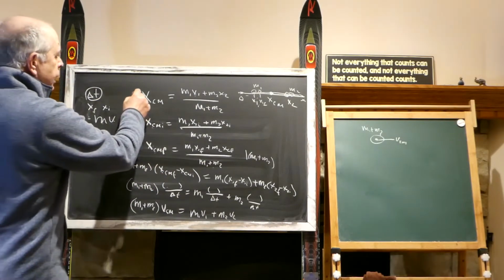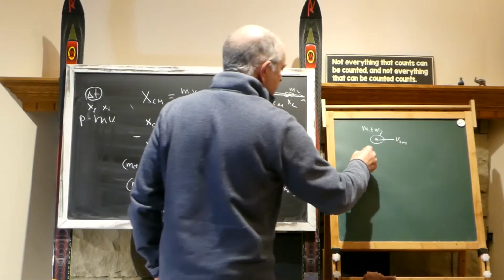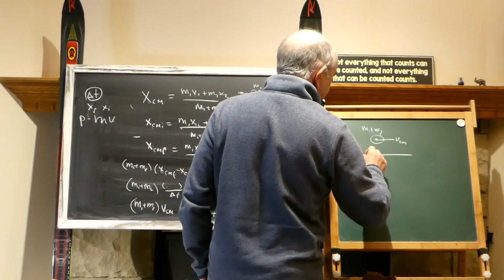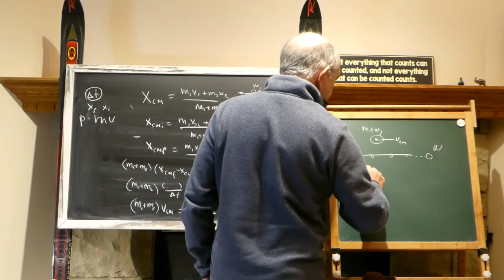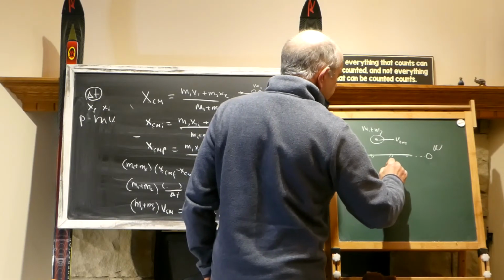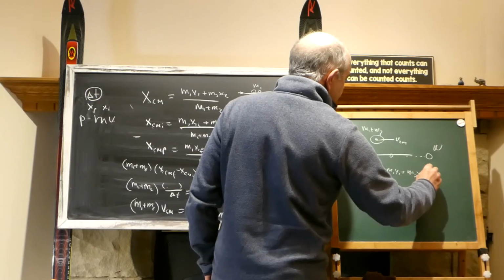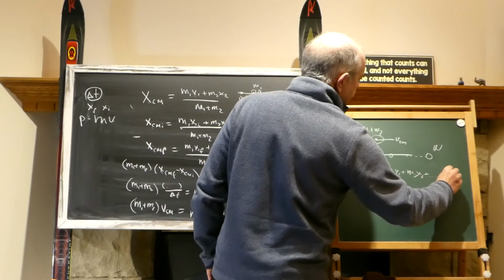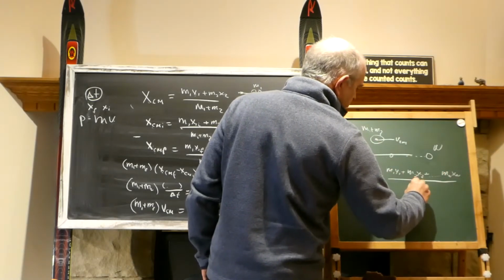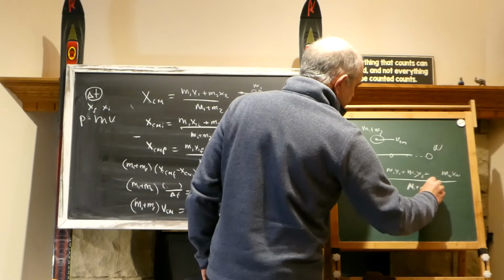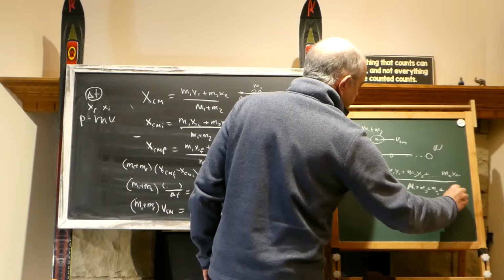So this formula, and what happens when there are n bodies? Imagine that there are n bodies, 1, 2, 3, up to n. Then the formula for center of mass would be m1 x1 plus m2 x2 plus the last one mn xn divided over m1 plus m2 plus m3 plus mn.